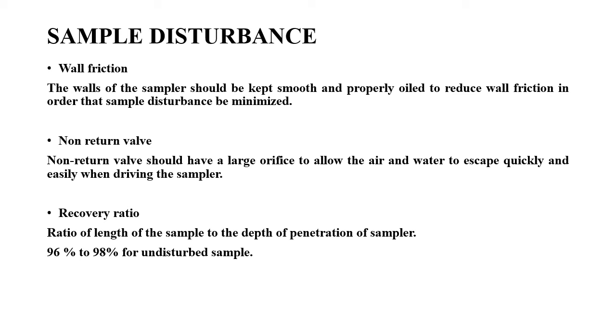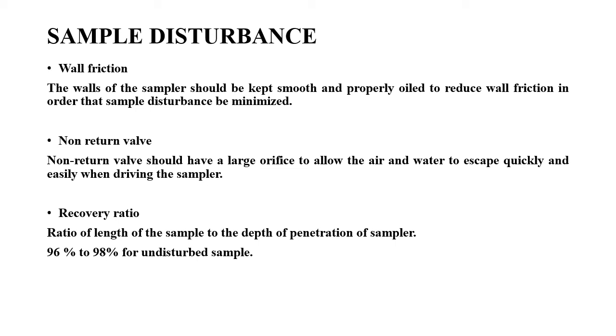The last factor which governs the disturbance is the recovery ratio of the sampler. Recovery ratio is the ratio of the length of the sample obtained to the depth of penetration. That is, out of the total depth the sampler has penetrated, how much soil sample were you able to recover.